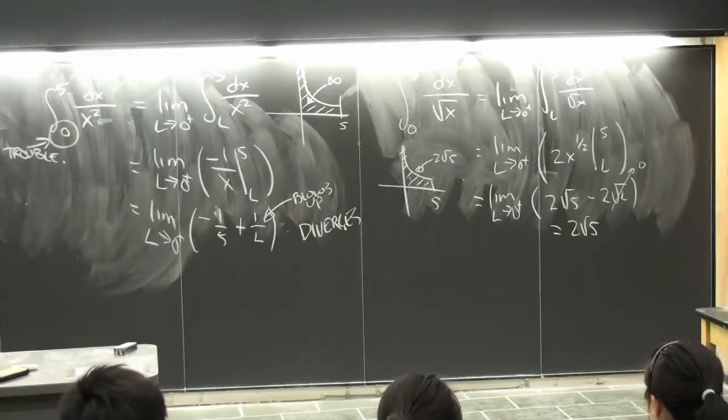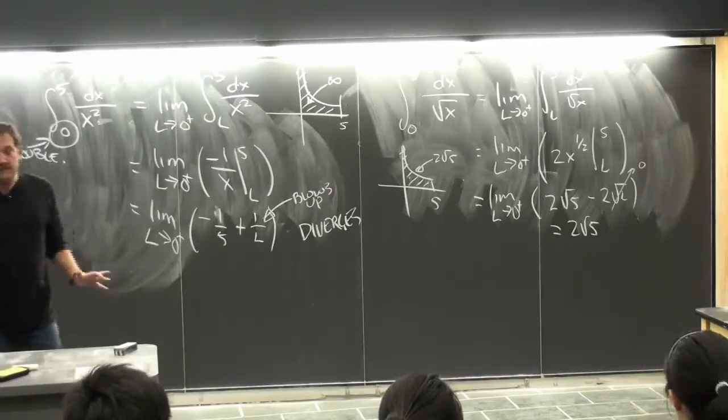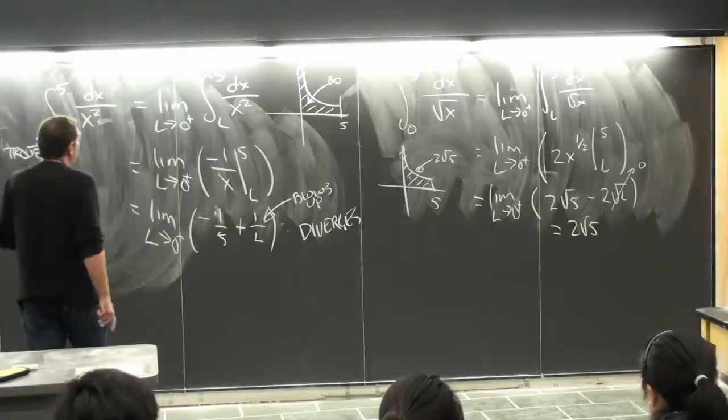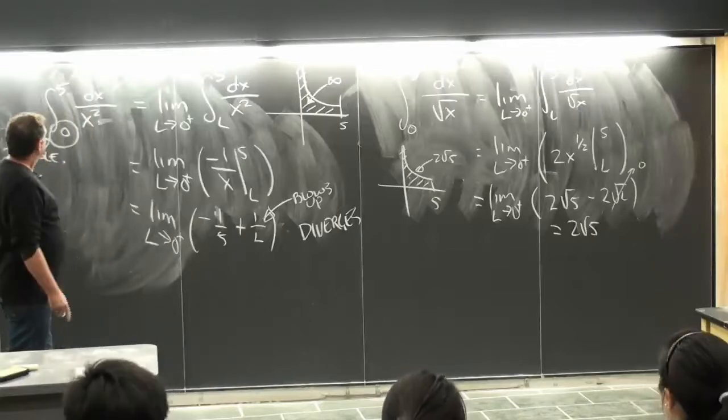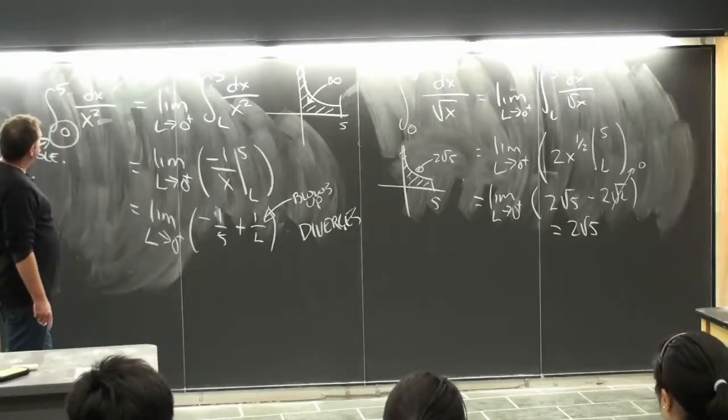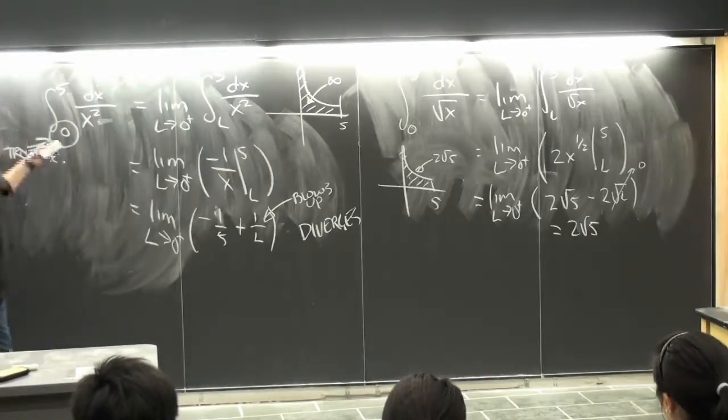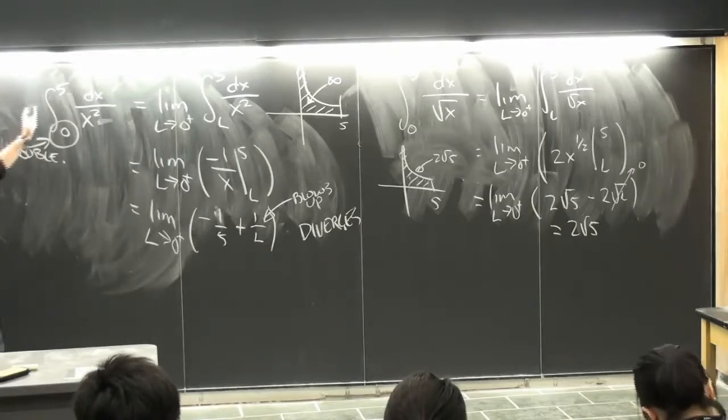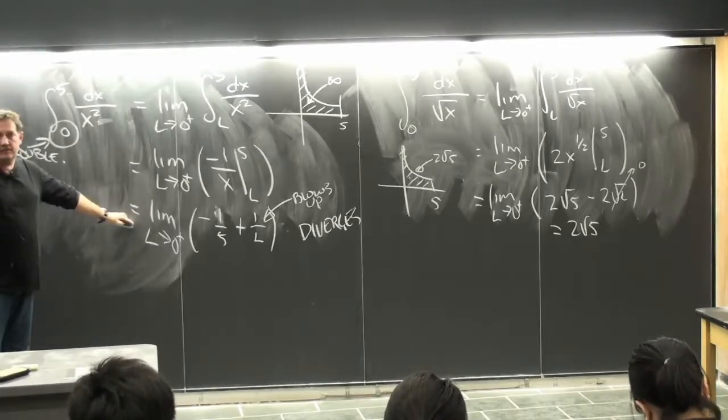So the comparison test is related to this kind of thing. It's related to these improper integrals. Suppose, okay, let's take this one, just because it's on the board. So we know this thing diverges.